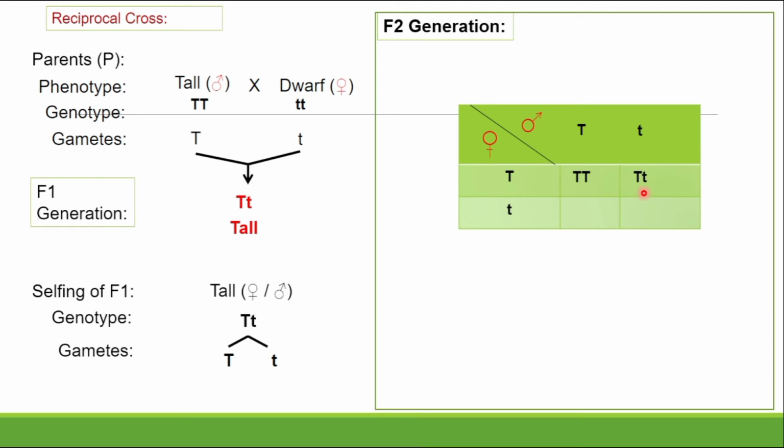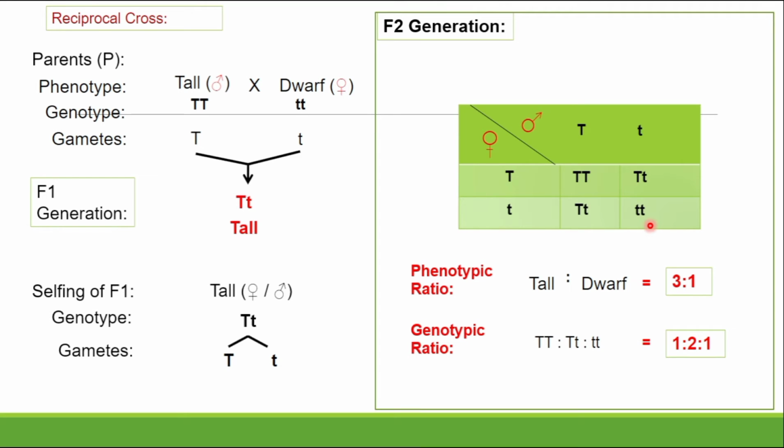Obtaining the capital T and the small t. Afterward this small t is crossed with the capital T, then there is obtaining again the hybrid tall, and the last one, when this small t is crossed with the small t, there is obtaining the pure dwarf plant. So the phenotype ratio is 3:1 and the genotype ratio is 1:2:1.